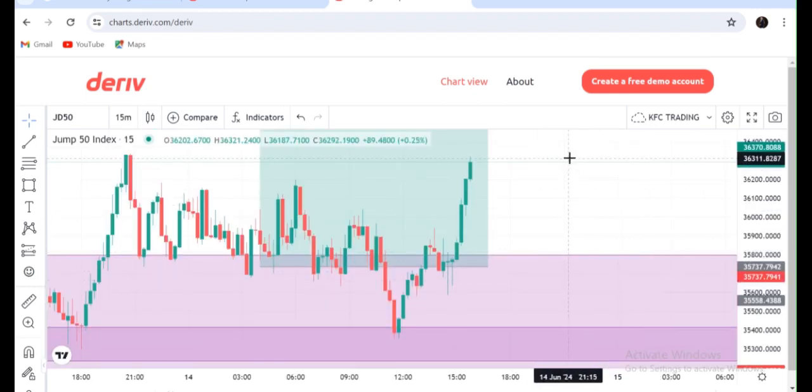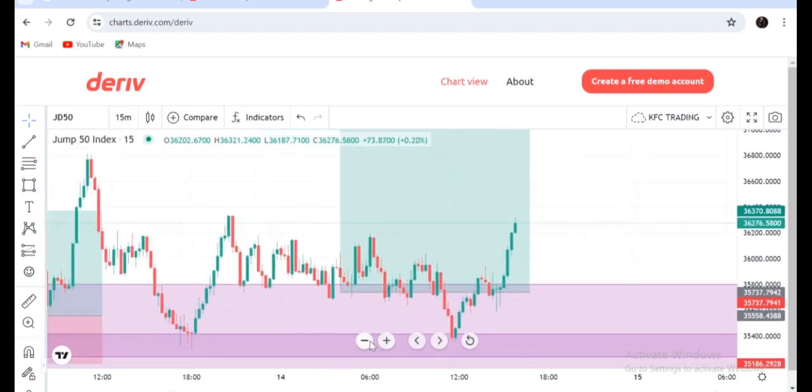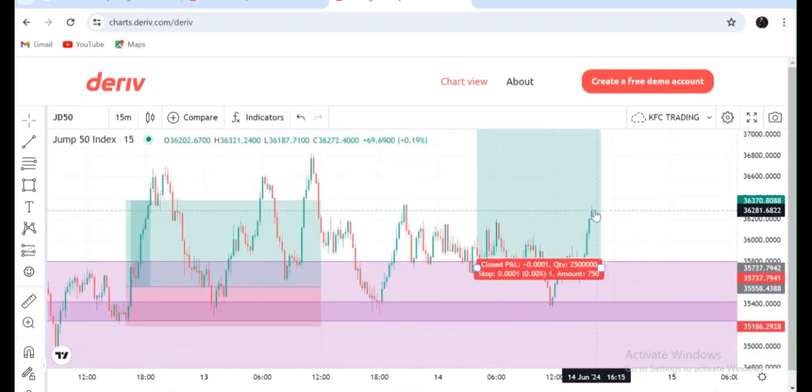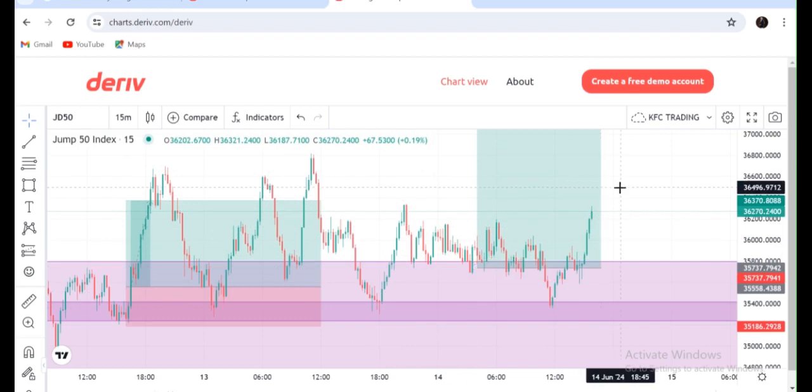Yeah, I can secure this profit since I've already made 100%. 100% is a lot of money already on the initial capital, plus 50% on Jump 50. What I'll be looking forward to is price probably doing a retracement, and maybe when I get another confirmation, I can go in again and maximize the opportunity and make more profit.